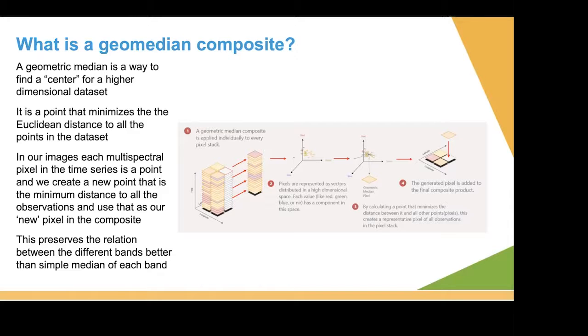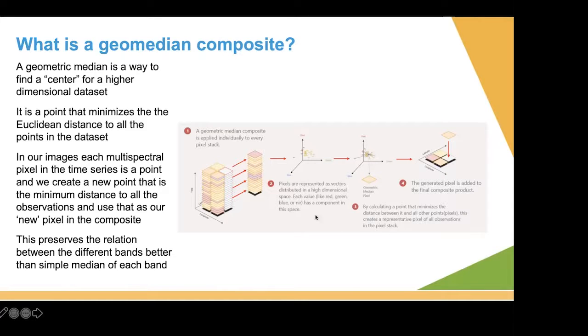What we do is we invent a point that minimizes the distance to all the other observations. So we basically say, what color should this pixel be? It should be a color which minimizes the distance to all the other colors it has been. And this can be complicated because we're not dealing with just red, green, or blue. For instance, with Sentinel, we can have 10 different bands, and it's important that we preserve the relationship between the bands.